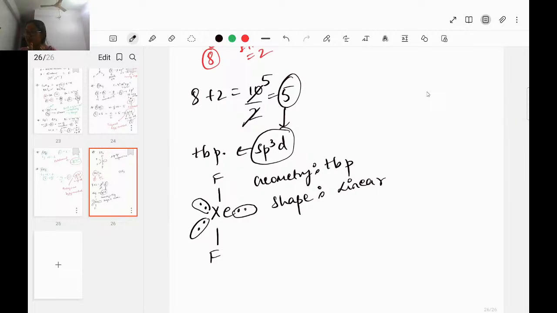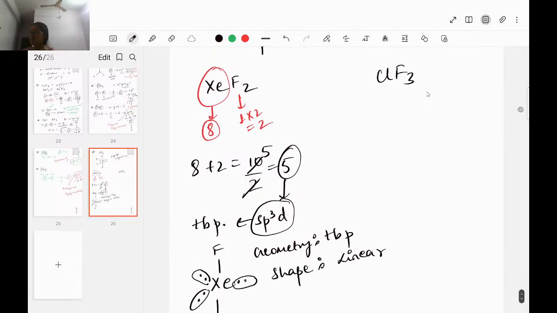But since the hybridization is sp3d, we know the geometry is TBP. It is not sp, because sp is also linear. So don't get confused between sp and sp3d. sp is also linear, but in that case shape and geometry are both linear. But in this case the shape is linear but the geometry is TBP, because there are not enough fluorine atoms in the molecule. I hope you get it.